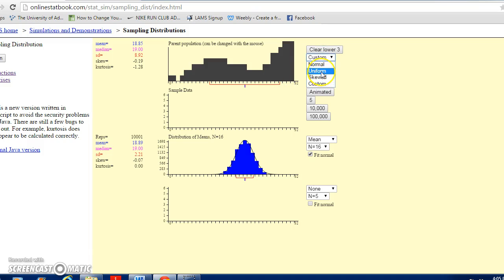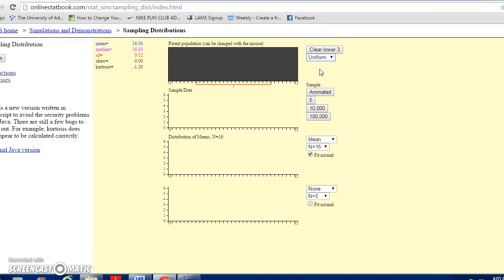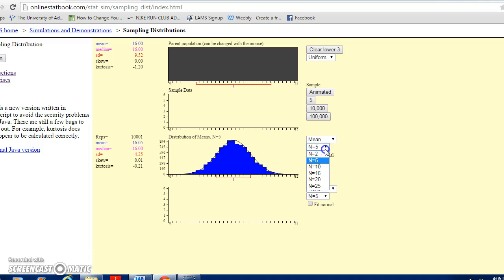So we could try that, say, with a uniform distribution, where the bars on the histogram have equal height, and we can start by taking sample sizes of 5, so 5 different measurements, finding the mean of those, and then if we repeat that 10,000 times, we actually get something that's quite normally distributed.